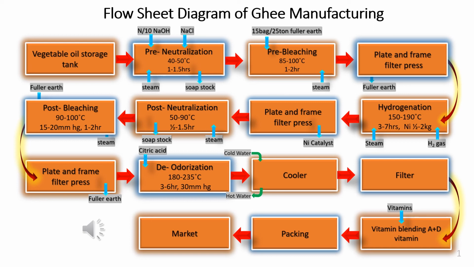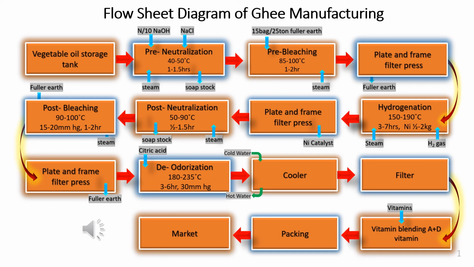After filtering the oil, our oil goes towards the vitamin section. Here vitamin blending takes place. We blend the oil by treating it with vitamins. We provide vitamin A and D to the oil to fulfill the nutritional values in the oil.